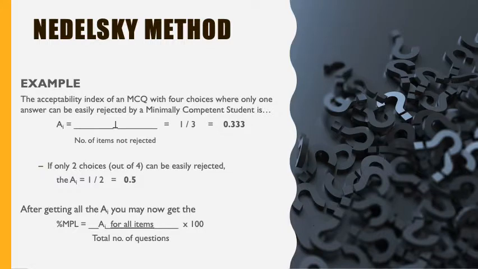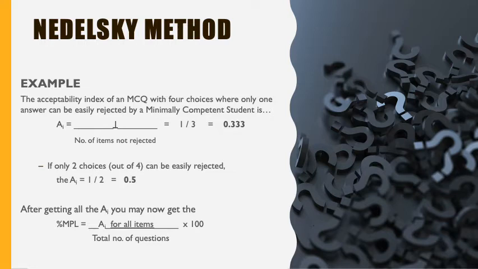So for example, what is the acceptability index of an MCQ with 4 choices where only one answer can be easily rejected by a minimally competent student? The AI is 1 over the number of options not rejected. You can only eliminate 1, so we have 3 left, and the AI will be 0.33.